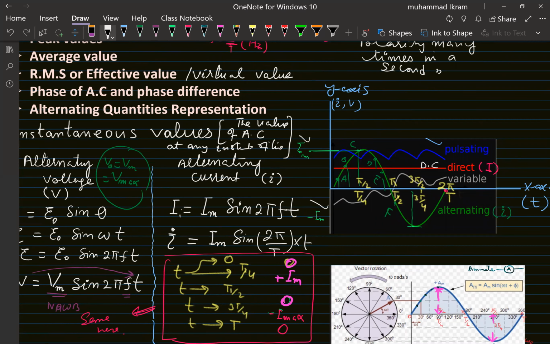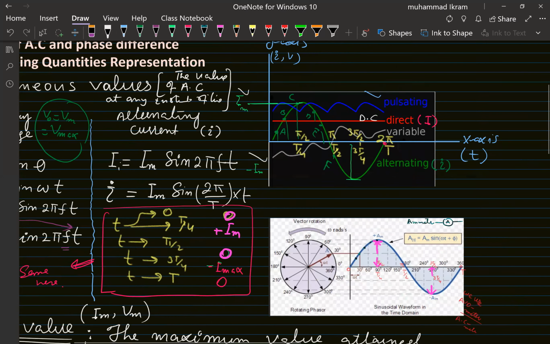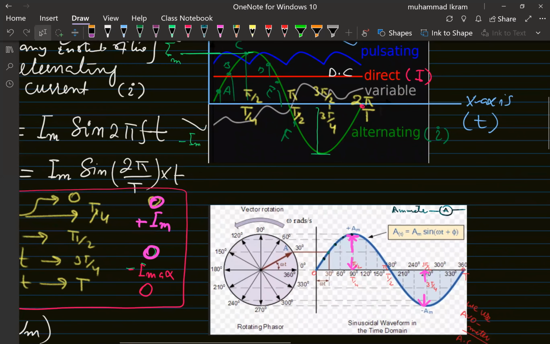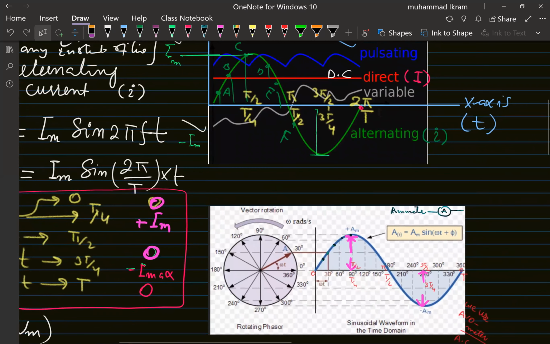So whatever effect the DC current has, the same equivalent effect in the AC will be that of the RMS value. RMS means root mean squared value.